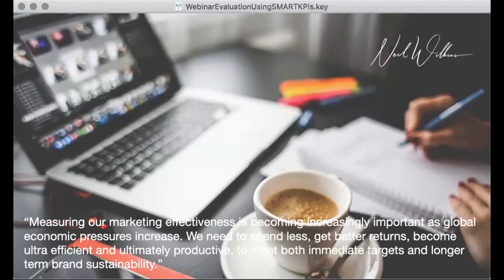And this is really where the essence of key performance indicators, KPIs, comes into play. So that's what we're going to talk about here, because we need to be demonstrating that we're spending less, getting better returns, becoming ultra efficient, and ultimately very productive, so that we can both meet the targets of today and also protect our brand's longer-term sustainability.